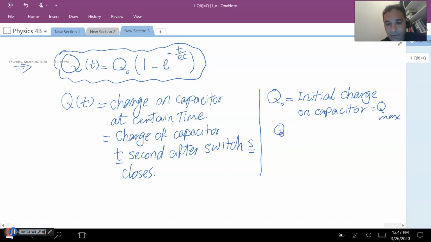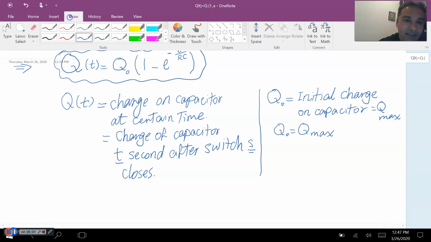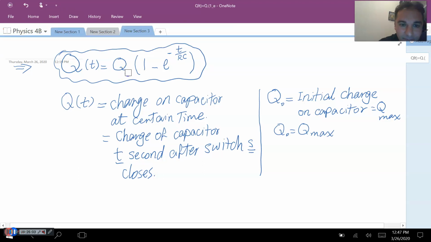So I will say Q naught is the same as Q max. I like to say Q max actually. So let me put here, I think max is better.